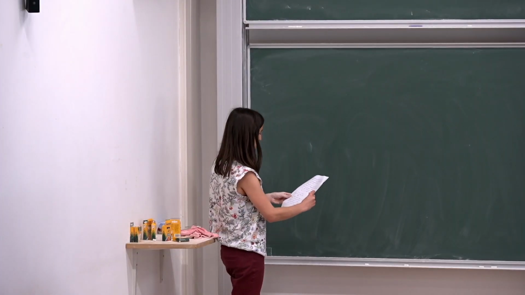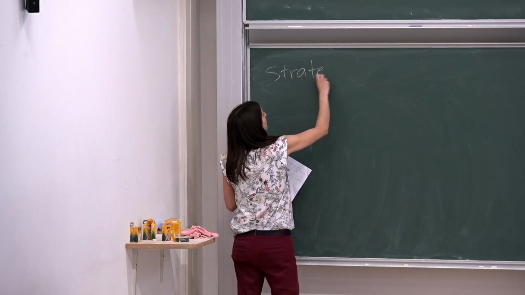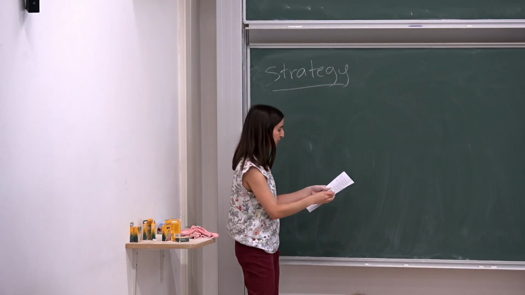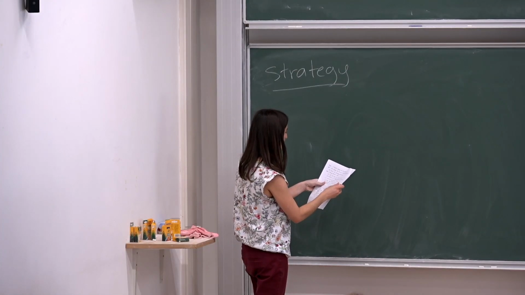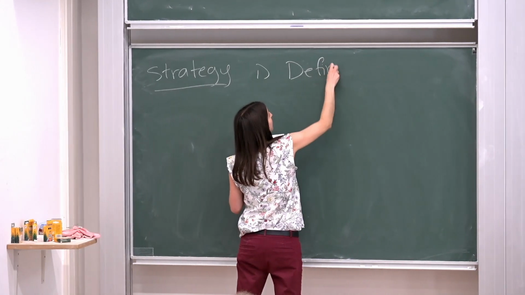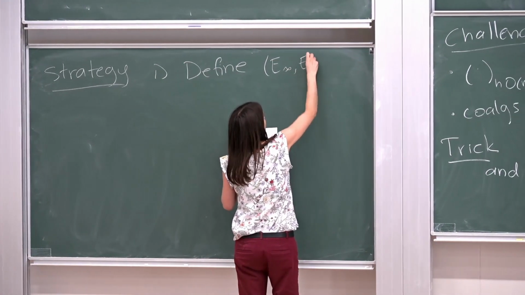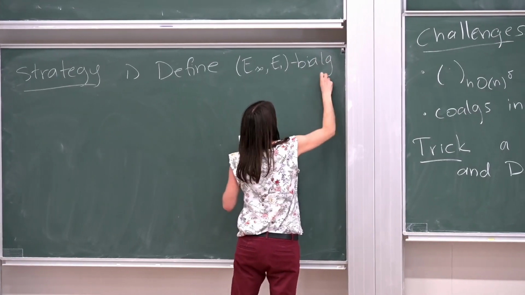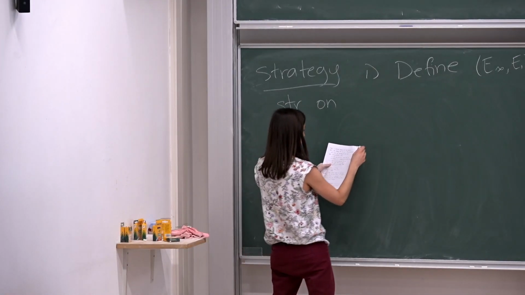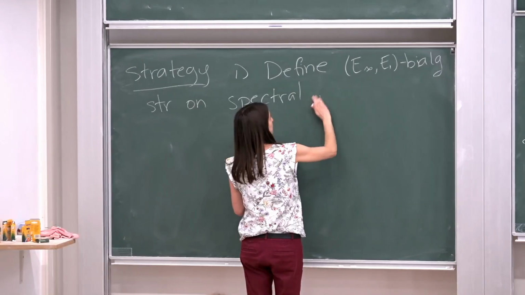Okay, so once we have this functor category, this is the strategy that we follow. First of all, we define an E infinity E1 bialgebra structure on what we call the spectral SAW functor.